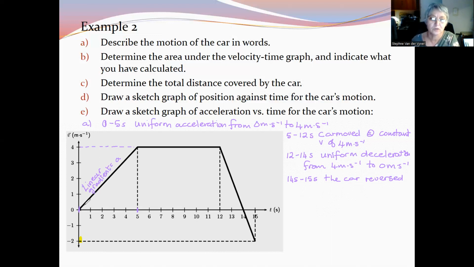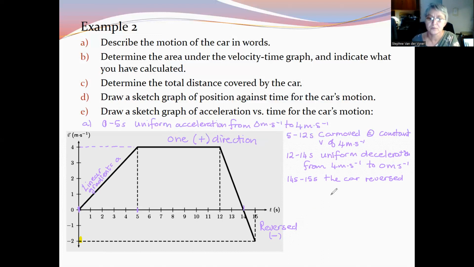So all this motion from 0 to 14 seconds was in one, and we can call it the positive direction. And the last second, the car was reversing, and we can call that the negative direction of motion.